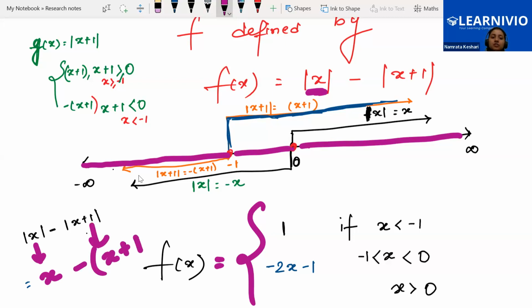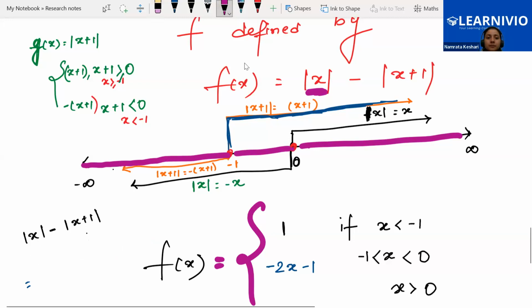Please do the simplification part. Tell me what you are going to get. Is it minus 1 or 1? Minus 1. Okay, so we are getting negative.